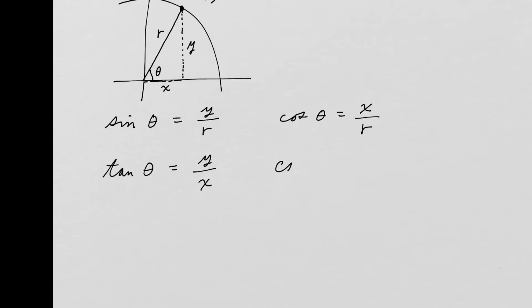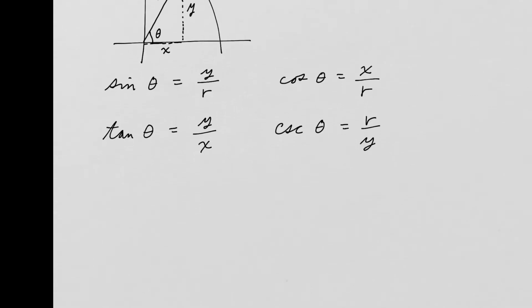Cosecant, which I write as CSC of theta, is equal to R over Y. We're going to see later it's just the inverse of sine, so it's the sine flipped. And then secant is just the inverse of cosine, so this is going to be R over X. And then cotangent, COT, is the inverse of tangent, so that's going to be X over Y.